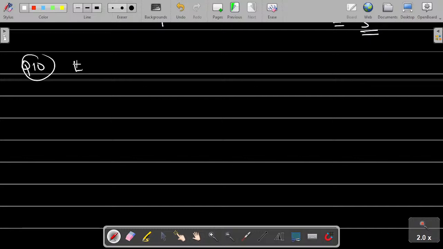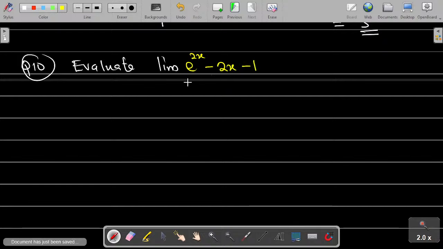Okay, it says evaluate the limit of e to the power of 2x, then minus 2x minus 1, all over x squared as x goes to 0. Okay, so this is what we are expected to evaluate.